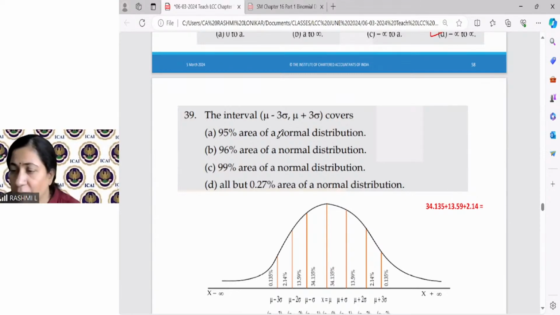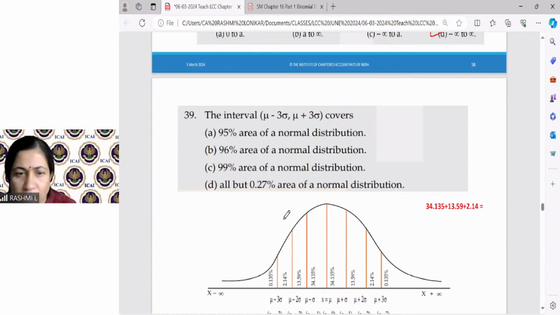So the interval mu minus 3 sigma and mu plus 3 sigma covers what? Yes. Can I get an answer?